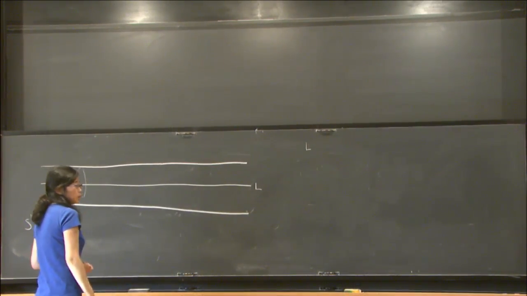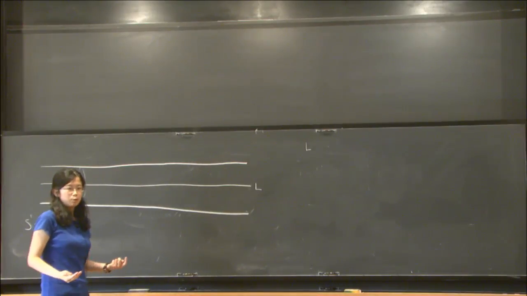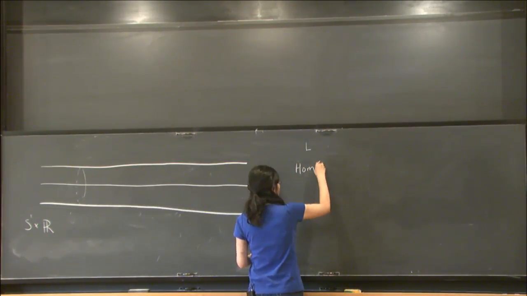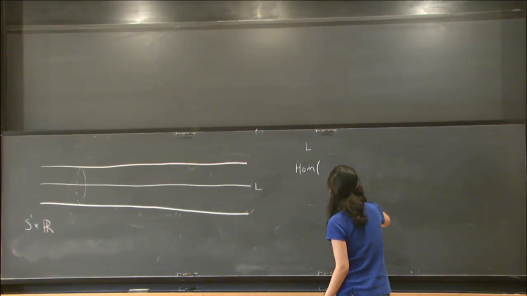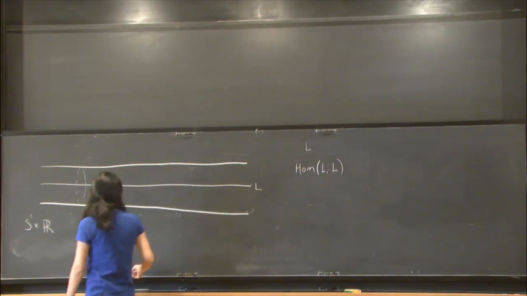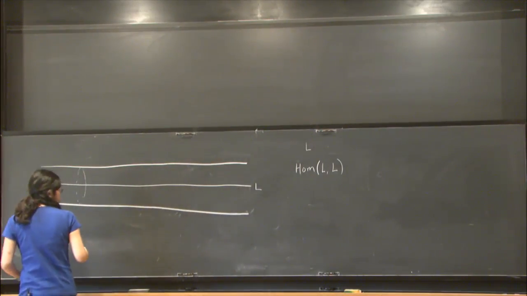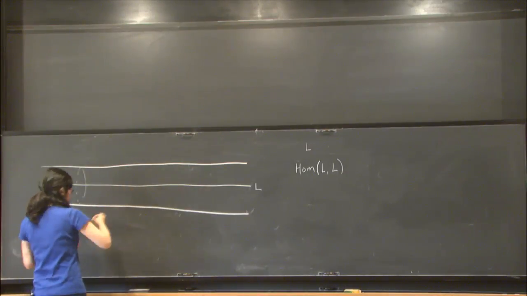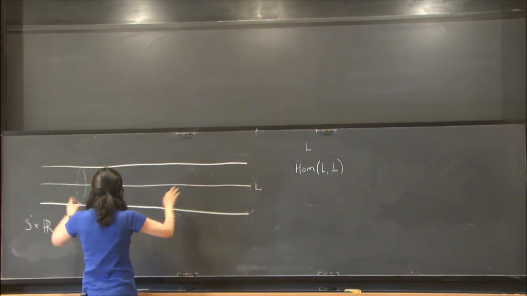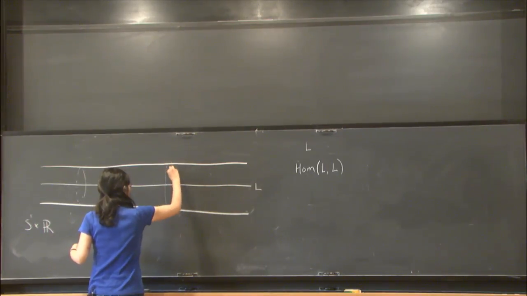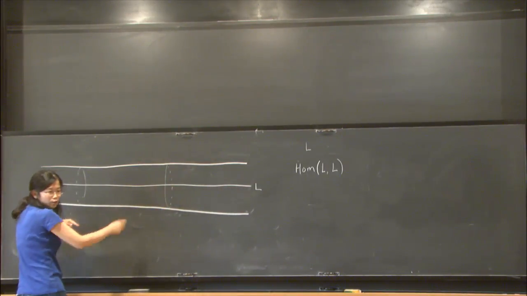For 2 objects in a category, we want to know the morphism complex. But we only consider this one object, so the other object is just itself. Let me draw another copy of L. This cylinder has those cylindrical ends, but we can also think of a compact part in the middle.